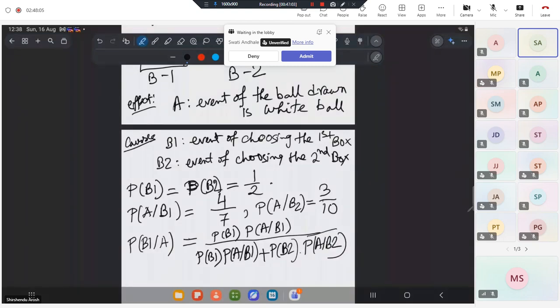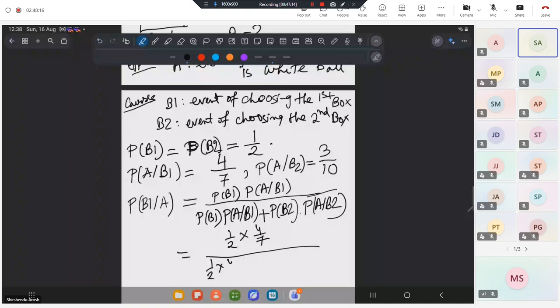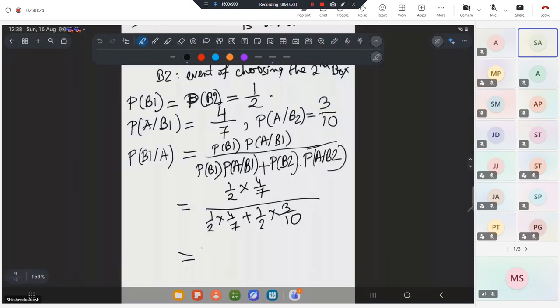So let's put in the numbers. P of B1 is half, multiplied by P of A given B1, which is 4 by 7, plus half times 3 by 10. Eventually, if you solve it, it should come to something like 40 by 61 or 0.655. So that is the probability that, given that you have got a white ball, it is coming from box 1.